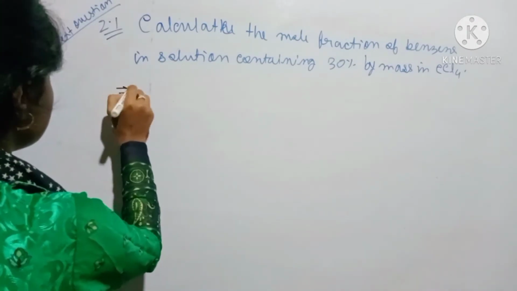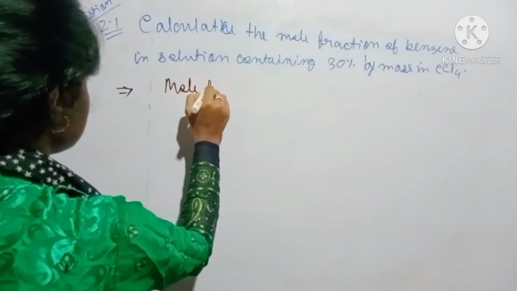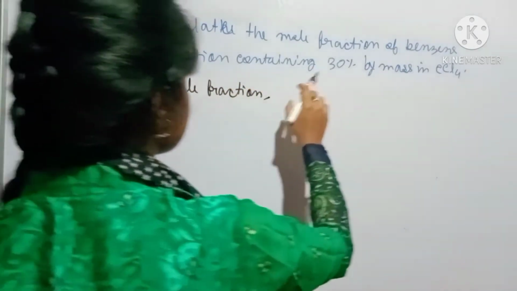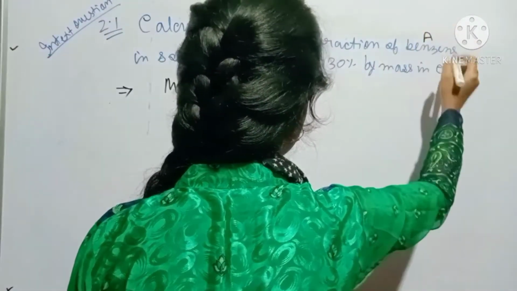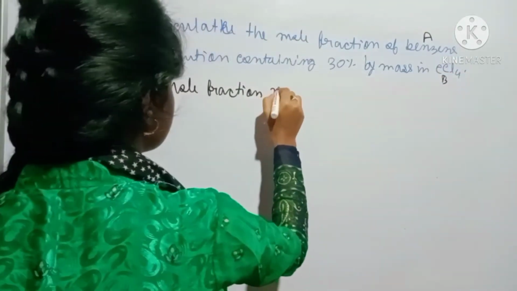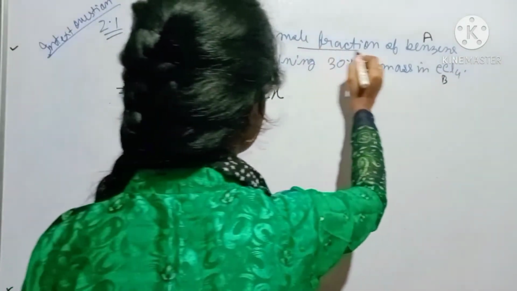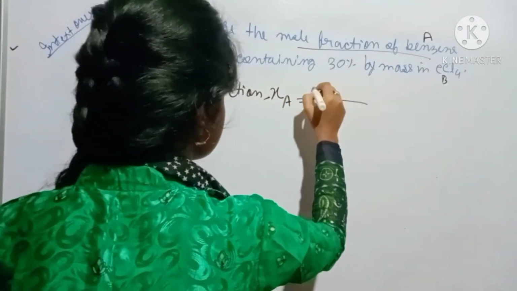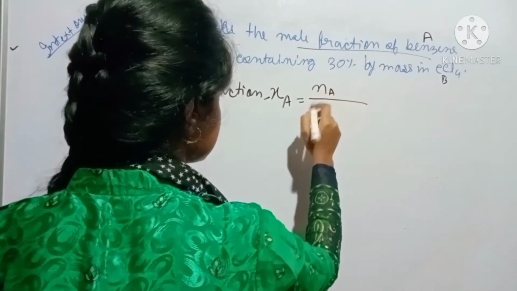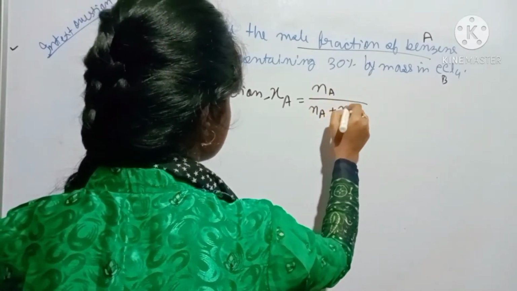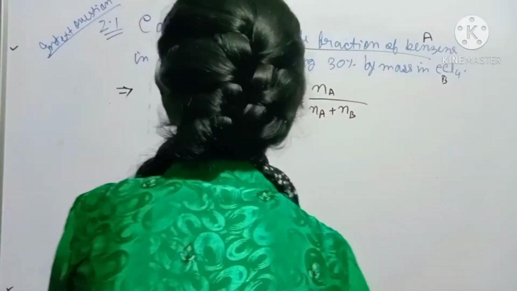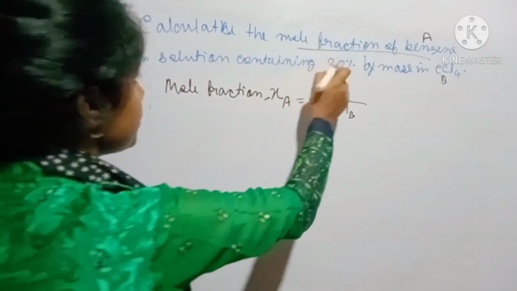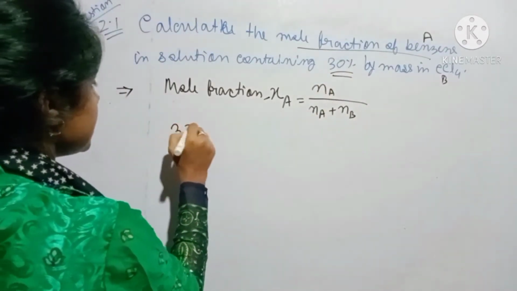Okay, so we have to calculate the mole fraction of benzene. We know that mole fraction is equal to, since we can take benzene as A and CCl4 as B, XA, which is the moles of benzene on top and the total moles, moles of benzene and CCl4, below.